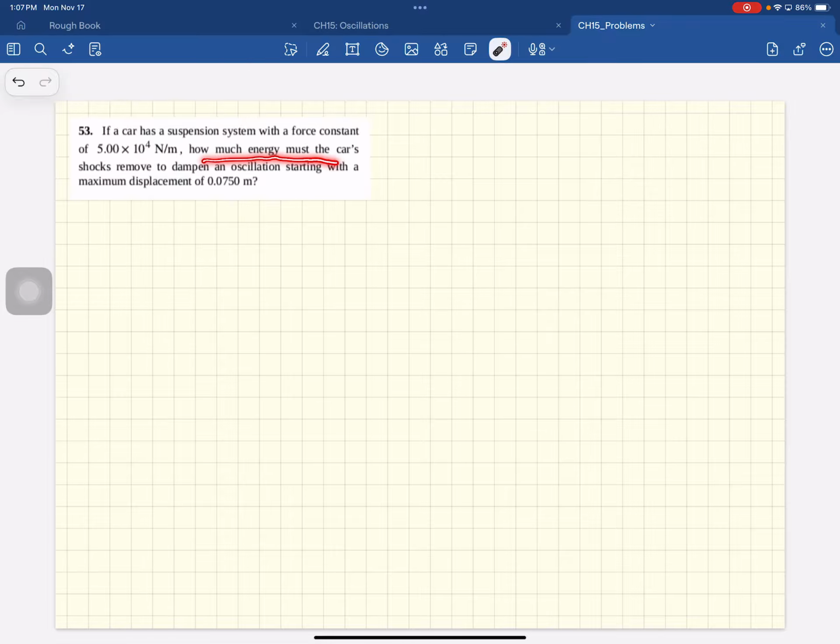How much energy must the car's shocks remove to dampen an oscillation? The shocks are dampers. You hit a pothole, and you don't want the car shaking forever, which would happen if you didn't have dampers. So how much energy must the car shock remove to dampen an oscillation, starting with a maximum displacement of this much?